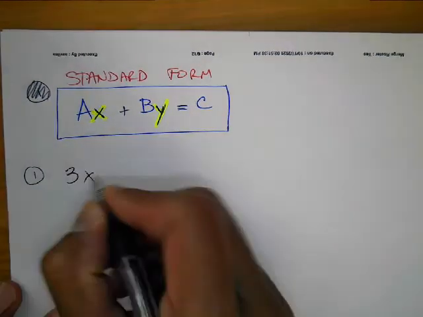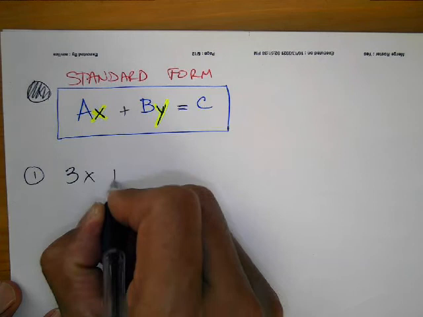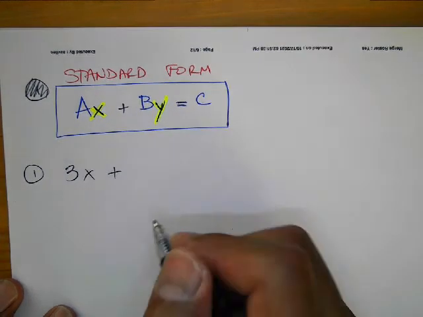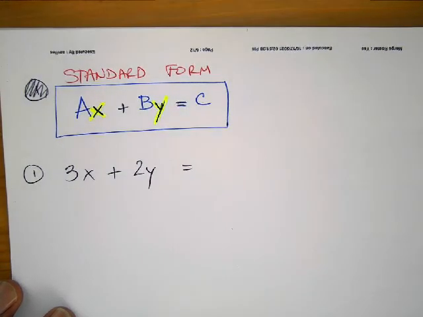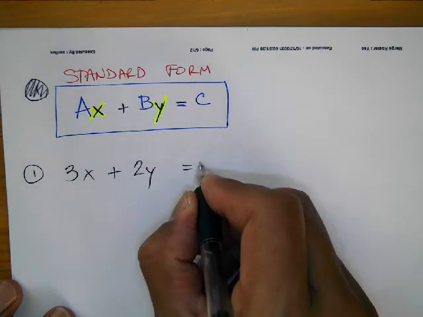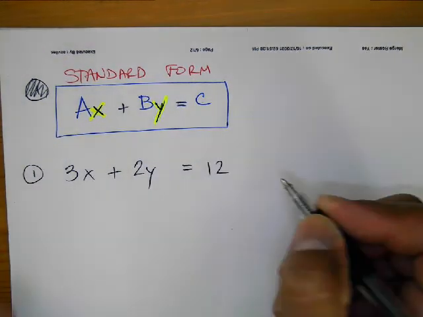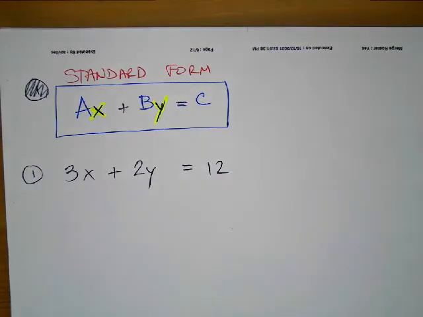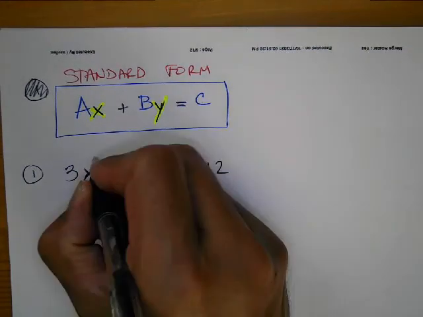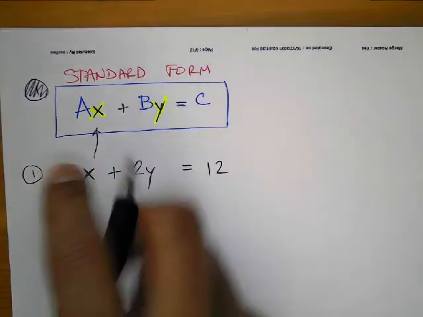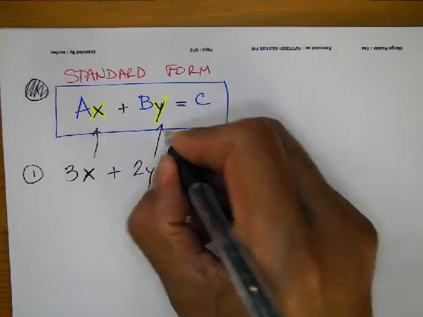So here's an example number 1. What if I put like 3x plus 2y is equal to, let's say 12. You see? Here's the x, like that.